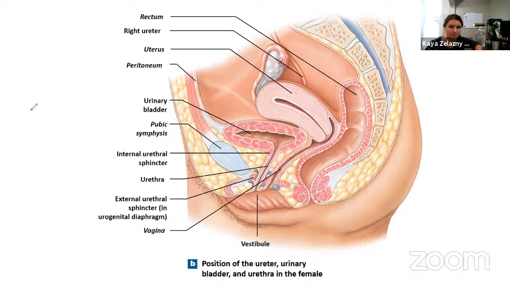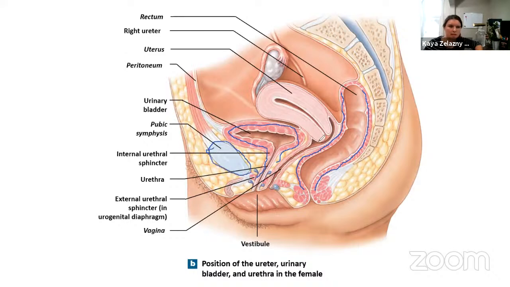And in female patients or patients with a uterus, we also want to note the position of the uterus relative to the bladder. We see one of the same structures we saw in the male: the rectum is still all the way at the back. You hopefully will get a chance to appreciate this in the lab. Our bladder is still directly behind the pubic symphysis, that's our bone.